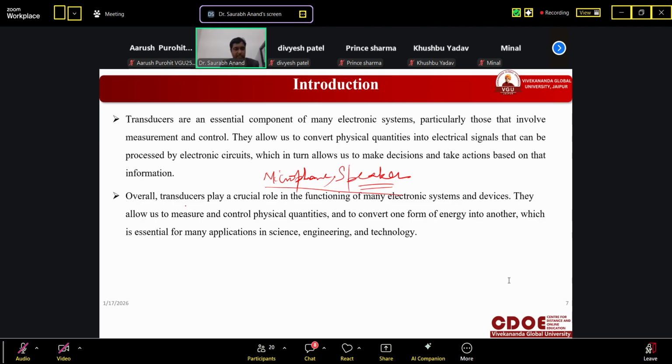So you can see it is playing a crucial role in functioning of many electronics. Okay, weighing machine, electronic weighing machine. We are putting something, we are just seeing how much weight it has. Okay, so it is possible due to transducer. And everywhere, so many systems are using transducer nowadays.